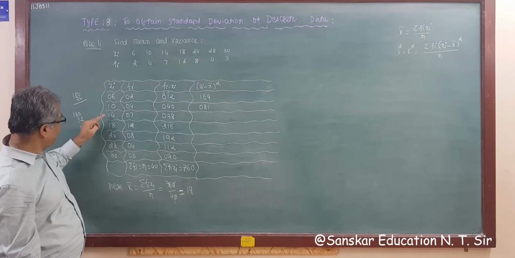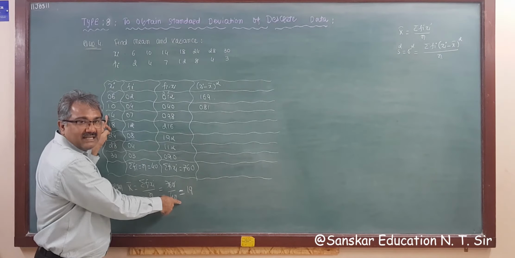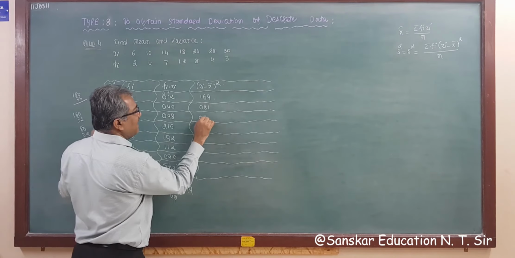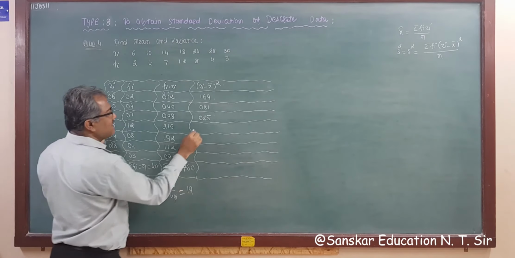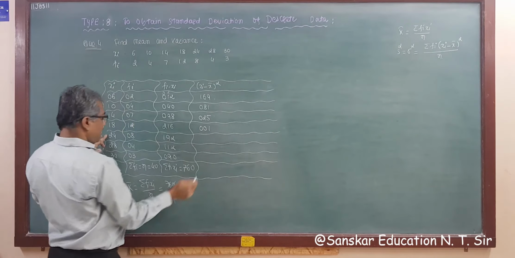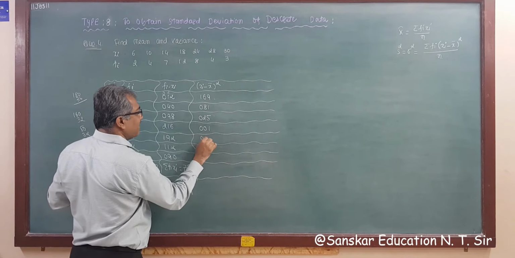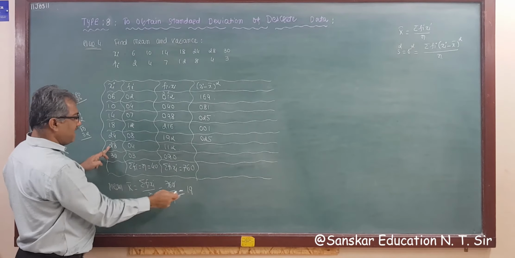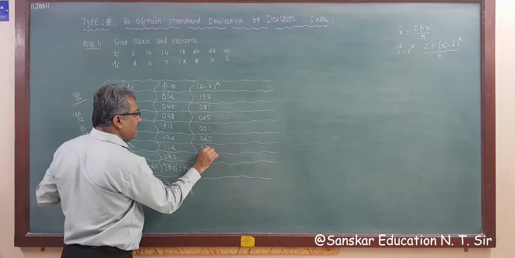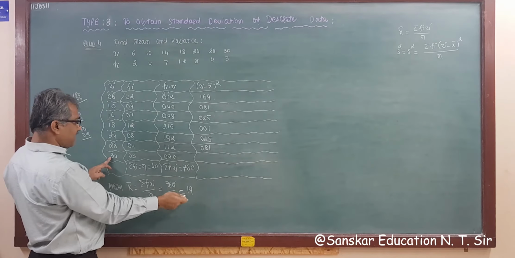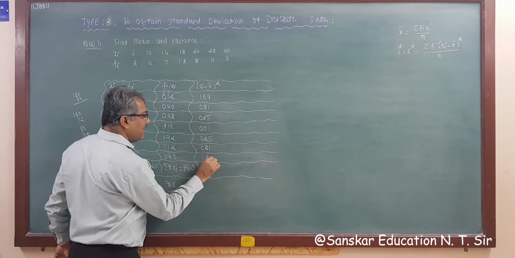Then 14 minus 19 is 5, and 5 square is 25. 18 minus 19 is 1, and 1 square is 1. 24 minus 19 is 5, so 5 square is 25. 28 minus 19 is 9, and 9 square is 81. And 30 minus 19 is 11, and 11 square is 121.